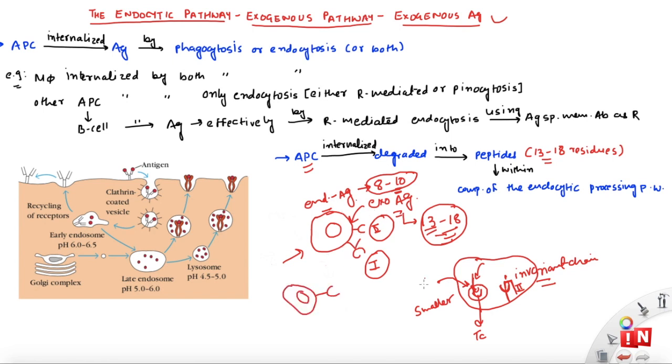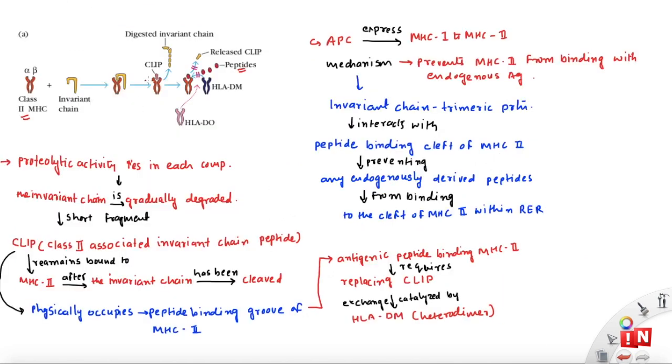Now let's move on. I think when we talk about the exogenous pathway, it will make sense. When it comes to MHC class 2, the site where the peptide binds is physically always occupied by the invariant chain. It makes sure that the cleft of MHC class 2 is always occupied, and only when the exogenous antigen is taken up will it be degraded.